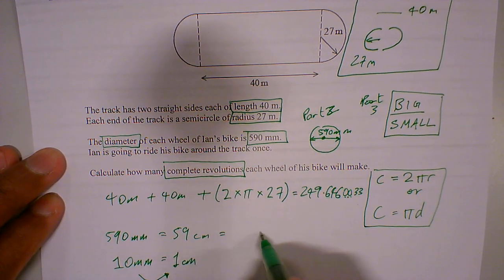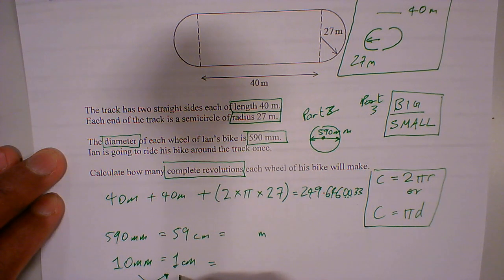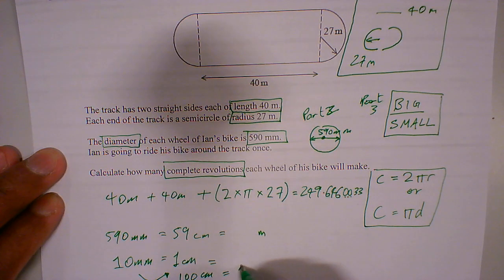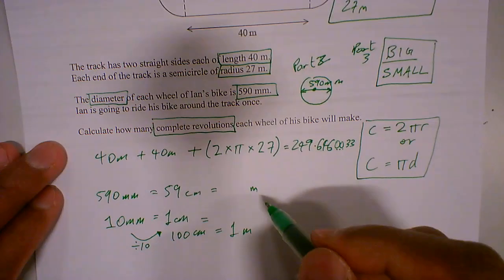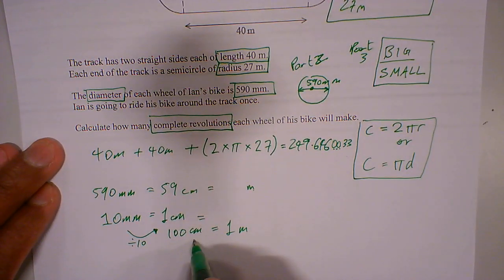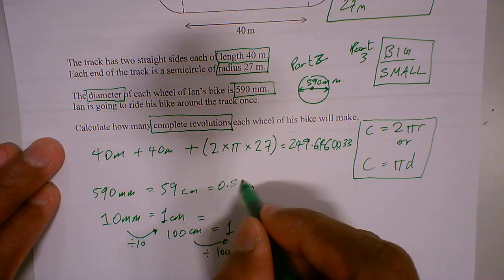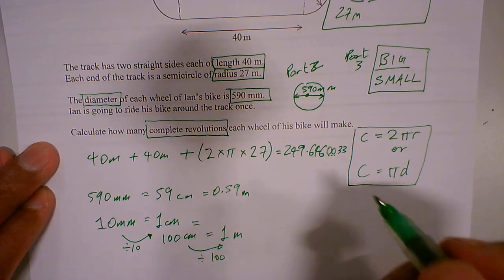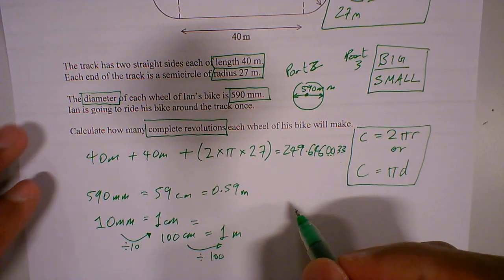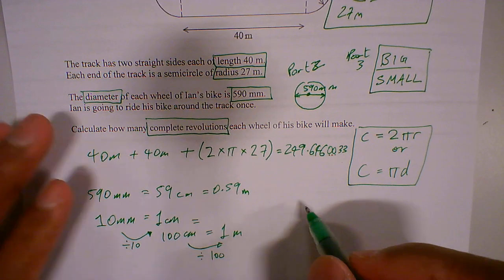And I want to get to meters. 100 centimeters gives me 1 meter, so I'm now going to divide by 100. That gives me 0.59.